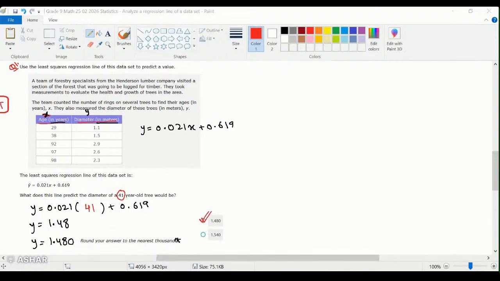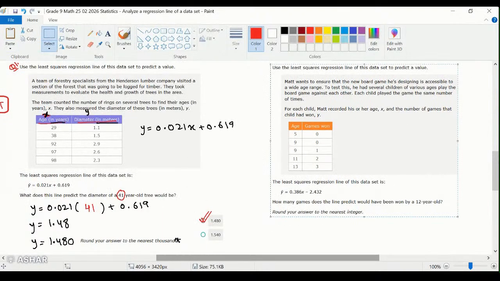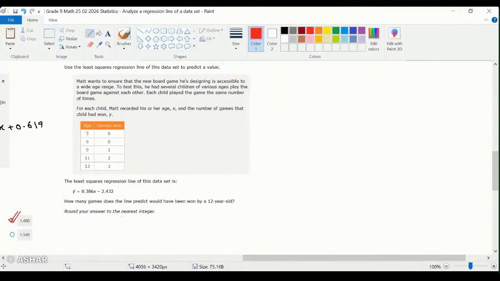Another question says age and games won. They're comparing the age of the children versus the games won. What is the predicted winning score? For question number 2, it says Matt wants to ensure that the new board game he's designing is accessible to a wide age range of students.